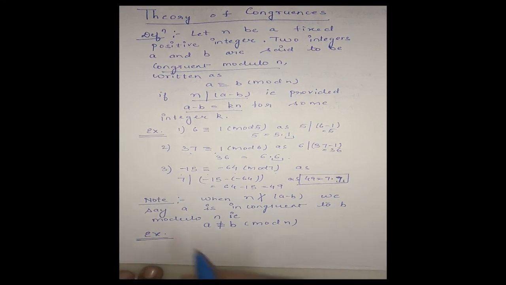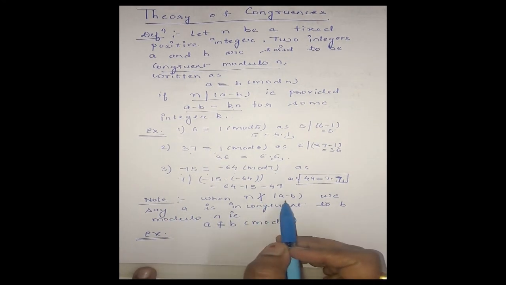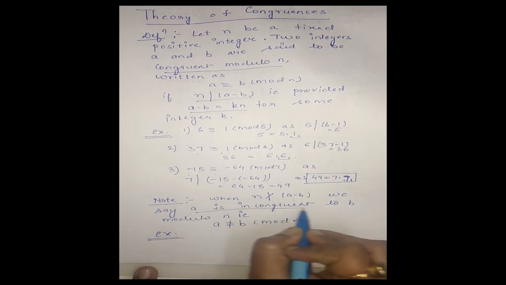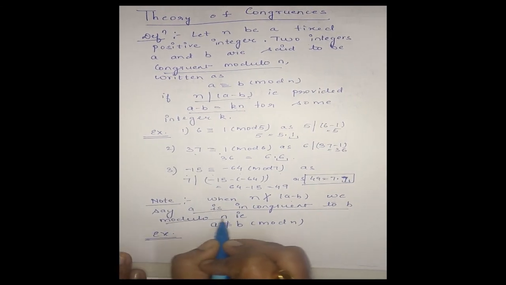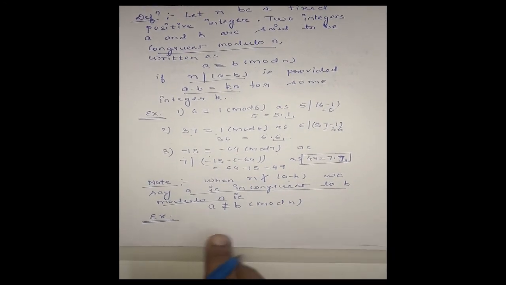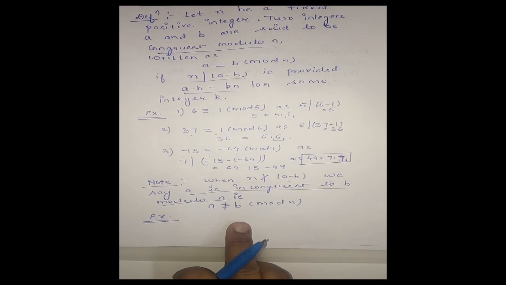Now, when n does not divide a minus b, in that case we say a is incongruent to b modulo n, and it is written in this form.